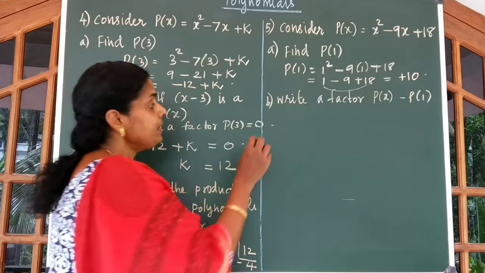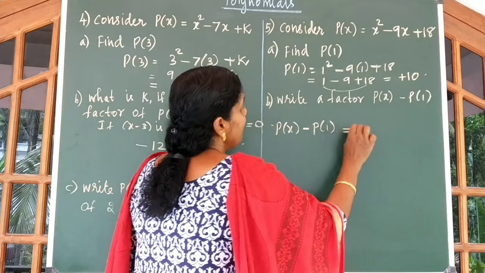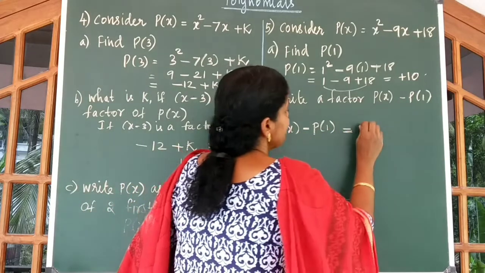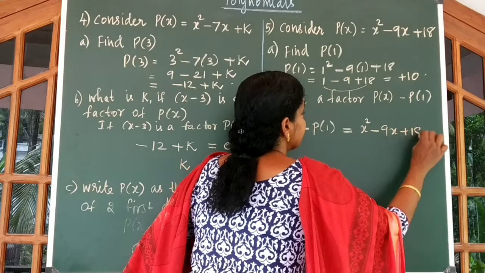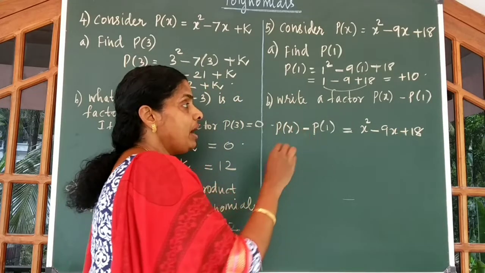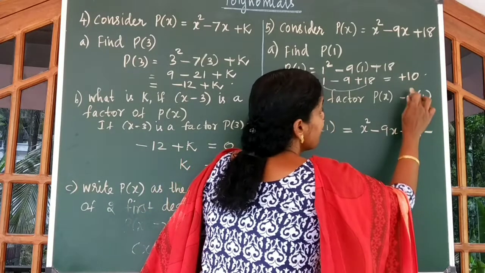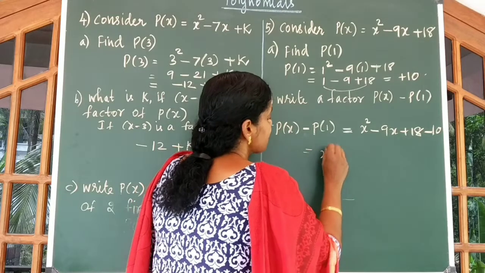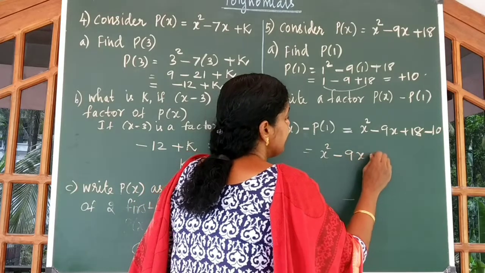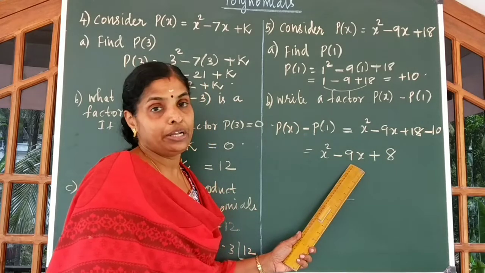Second part of the question, write a factor of p of x minus p of 1. Let us find out p of x minus p of 1. P of x is given to be x square minus 9x plus 18, from which you are asked to subtract p of 1. So, minus p of 1 value is 10. So, you get x square minus 9x plus 8 to be the second degree polynomial.